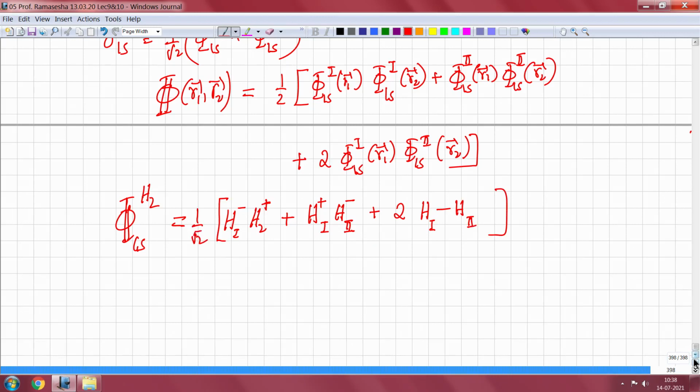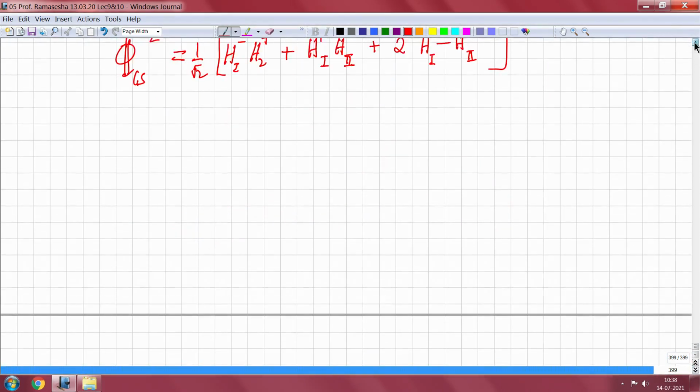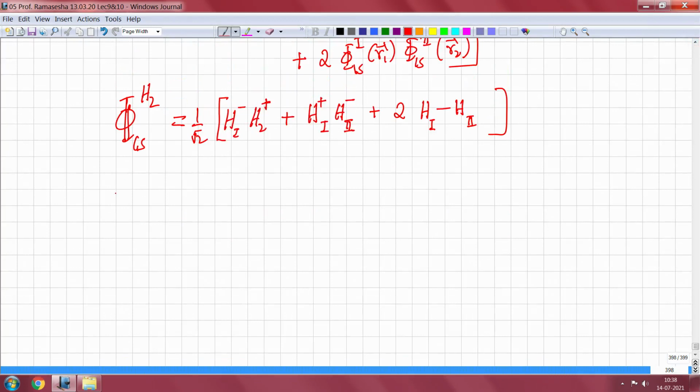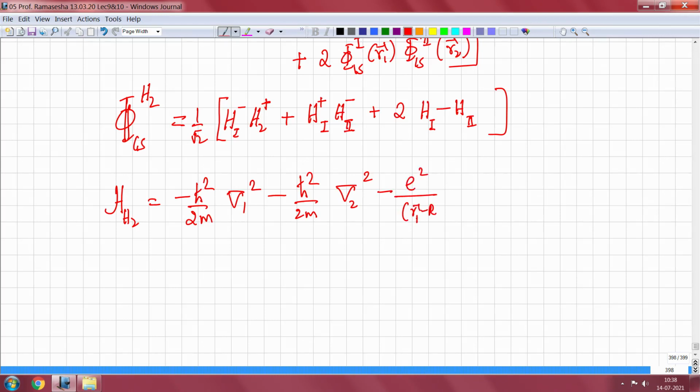Now, if I have this resonance picture and then I write down the Hamiltonian for the hydrogen molecule, H of the hydrogen molecule is just minus h cross squared by 2m del 1 squared minus h cross squared by 2m del 2 squared minus e squared upon R1 minus R minus e squared upon R2 minus R plus e squared upon R12.